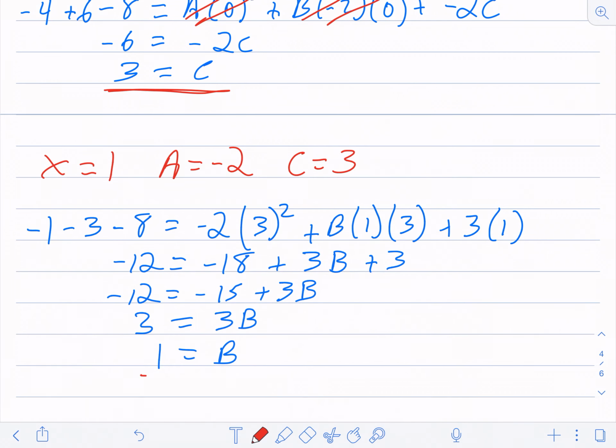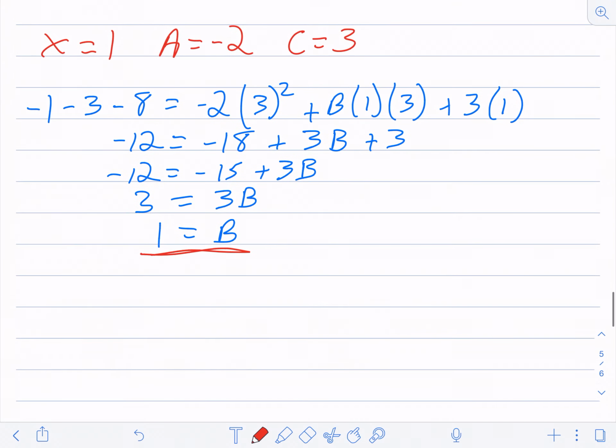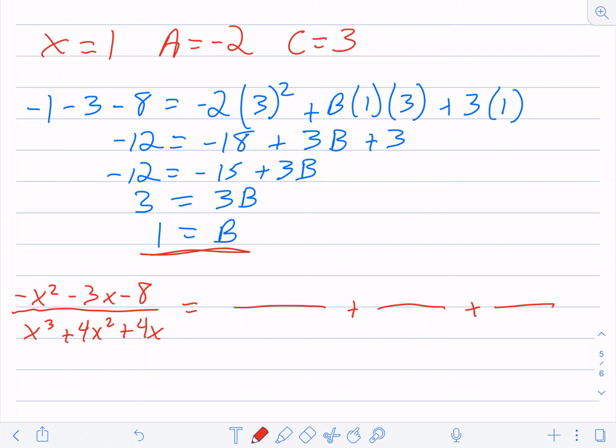So there is my third value. Now I have everything that I need. I've got my a, and I've got my b, and I've got my c. So my original problem, which you remember was negative x squared minus 3x minus 8 over x cubed plus 4x squared plus 4x, I broke down into my 3 fractions: x, x plus 2, and x plus 2 quantity squared.